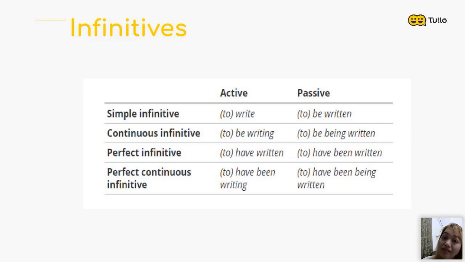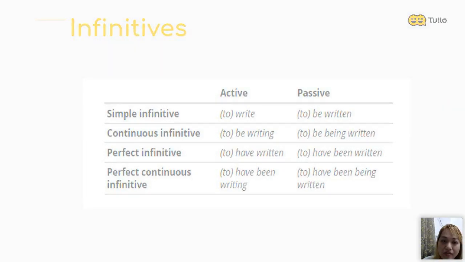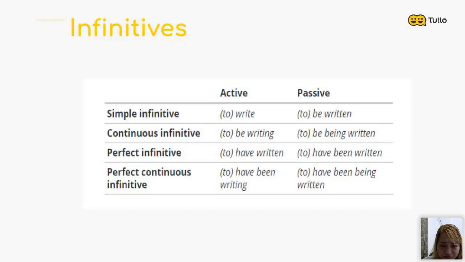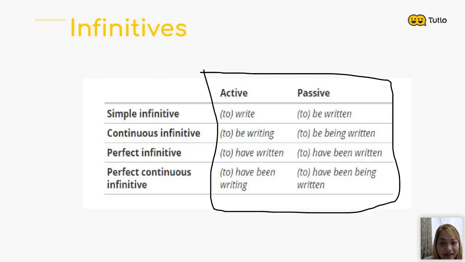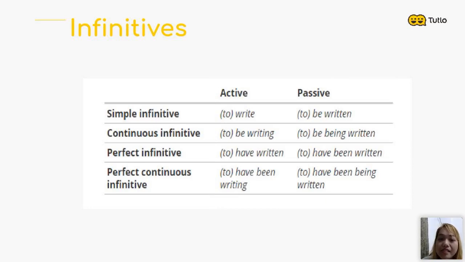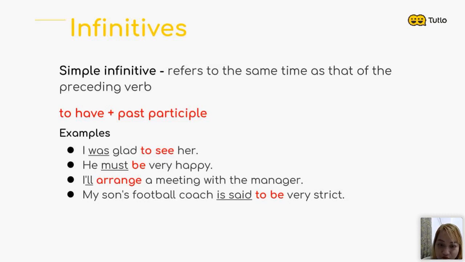Let's start, shall we? As you can see, these are some examples of the infinitives that I am telling you about, in active voice and in passive voice. Let's move on.